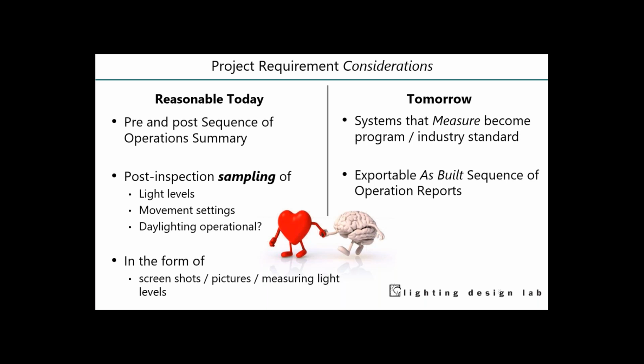So after the system is programmed and set up, whichever system you're on, you can hopefully say, export this, and it would spit out a little report that said, this room, this many luminaires, this is what was done. This room, this many luminaires, this is what was done. So we are pushing that concept from Lighting Design Lab.